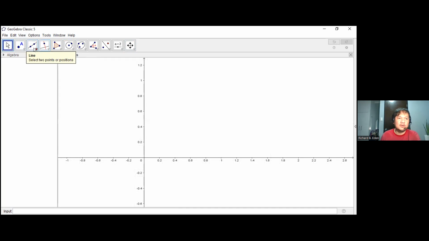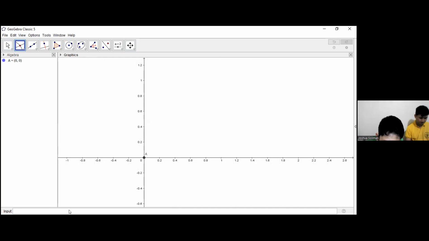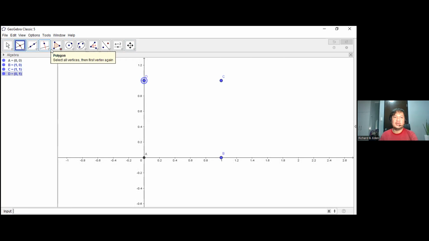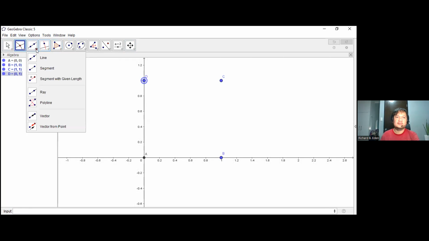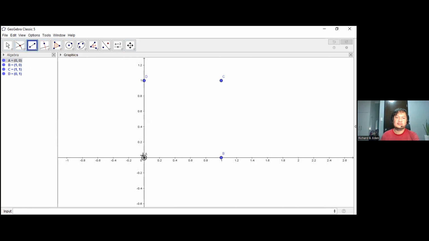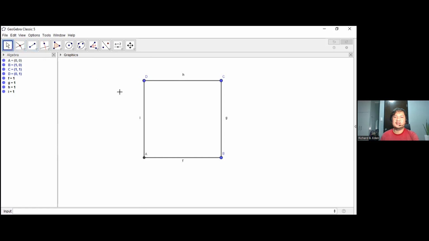So in my drawing, the origin is point A, and then B is at 1, 0, and then C is the point 1, 1, and then D is the point 0, 1. So we have our square. Okay, I think I can now remove the axis.